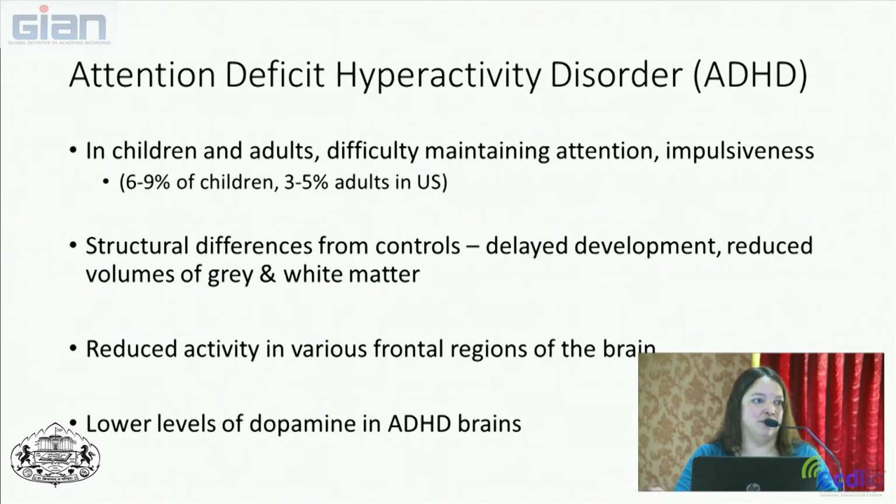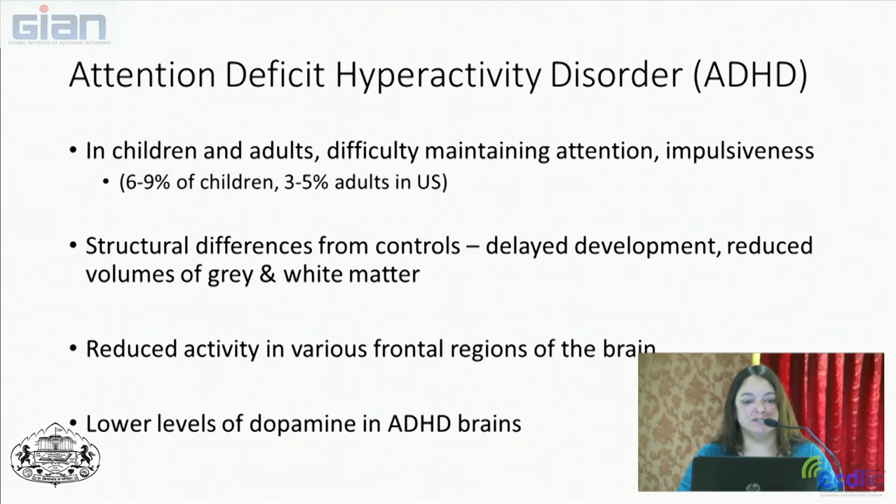I don't know about here if you have a lot of diagnoses of this, but it used to be that kids were maybe just a little out of control in the classroom, but now they say it's ADHD, and a lot of times in the US they give them a medication to calm them down.